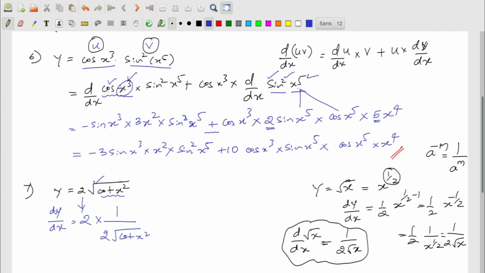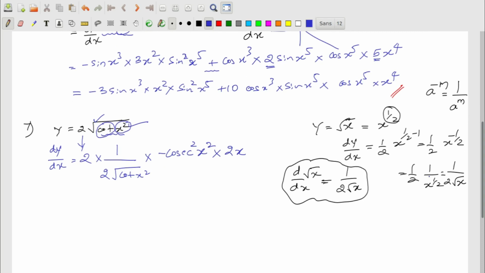Once you are done with the root, next one is cot. Okay, now we need to find the derivative of cot. So what is the derivative of cot? Derivative of cot will be minus cosecant square x square, because we have x square here. Again, x square as it is. Derivative of cot is minus cosecant square x into derivative of x square, that is 2 times x.